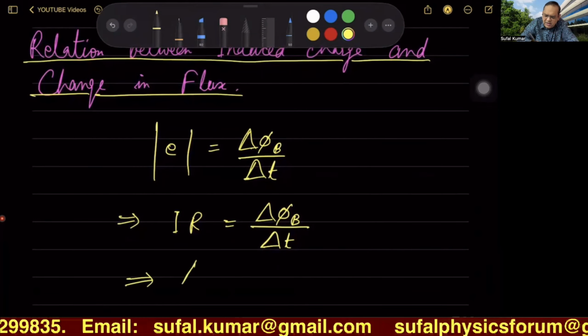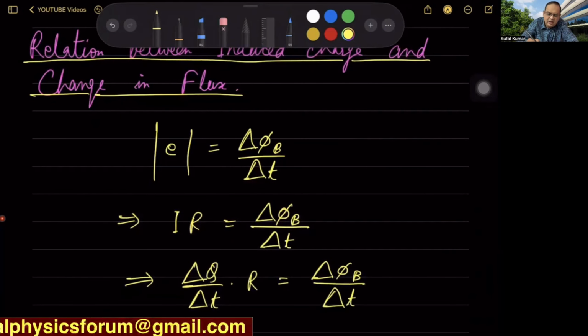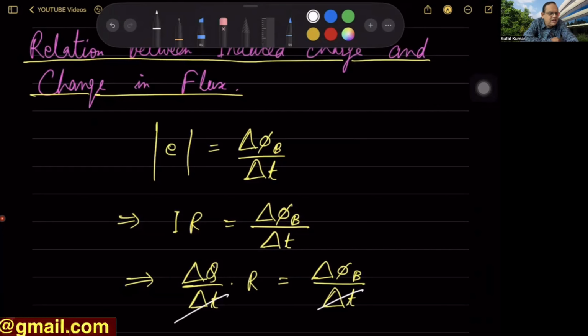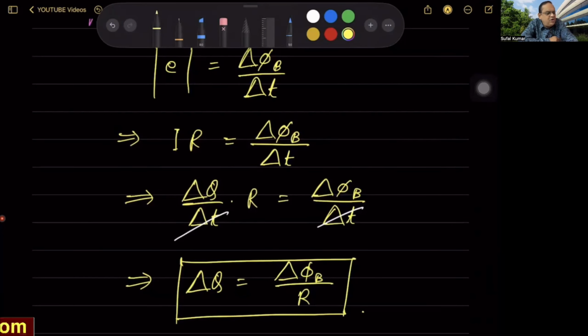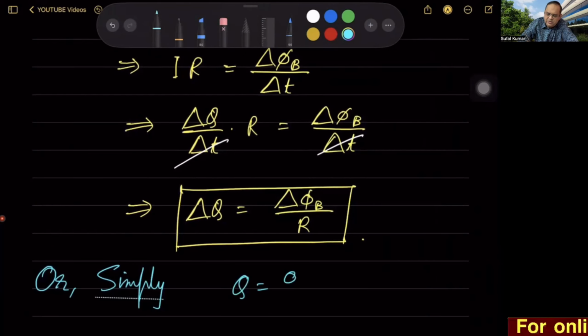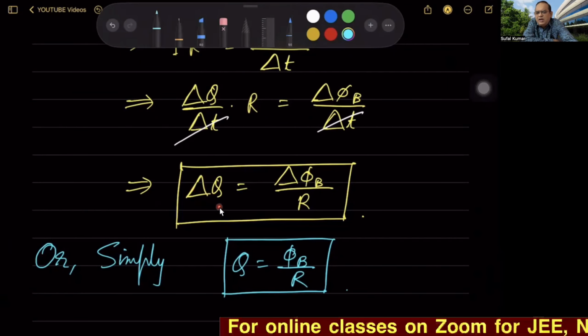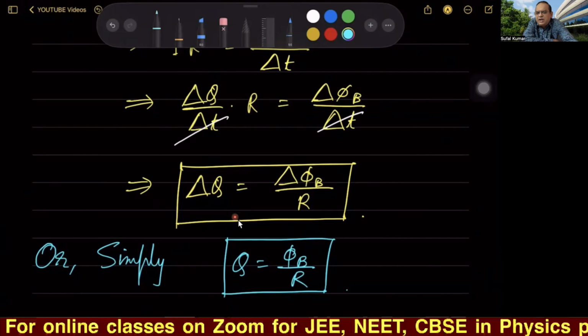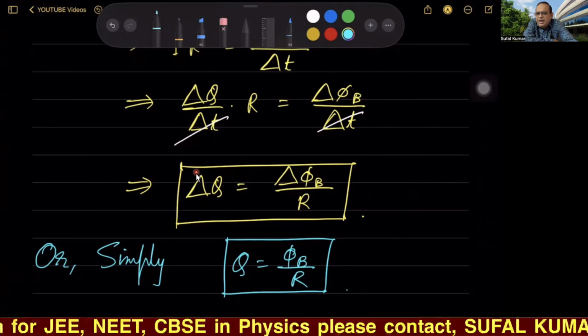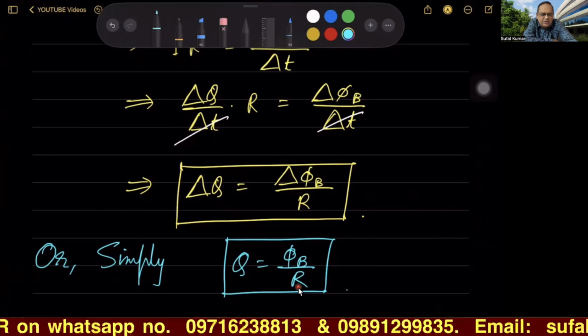I could be written as del Q by del T, and this can be cancelled out. Either this formula, or simply it could be written Q is phi B upon R. So same formula is relevant in both the formats, in del format also and in full complete format also.